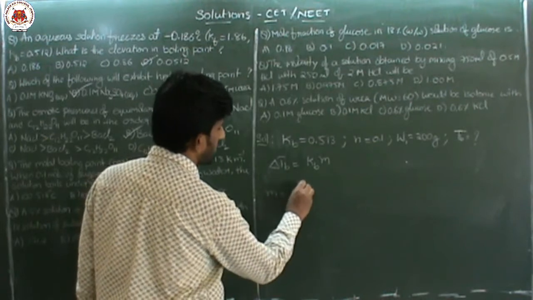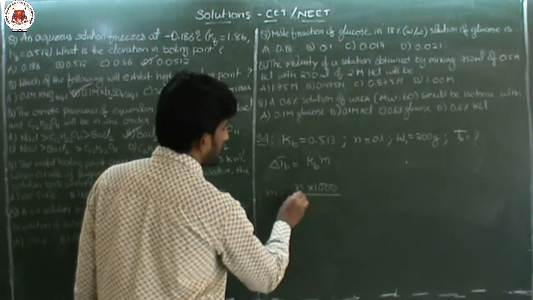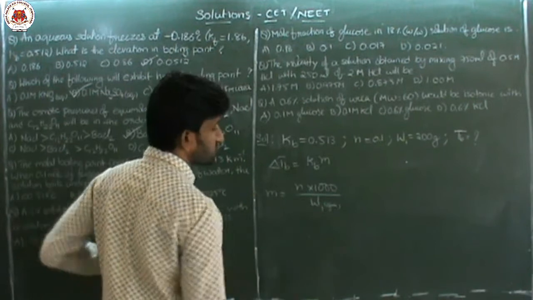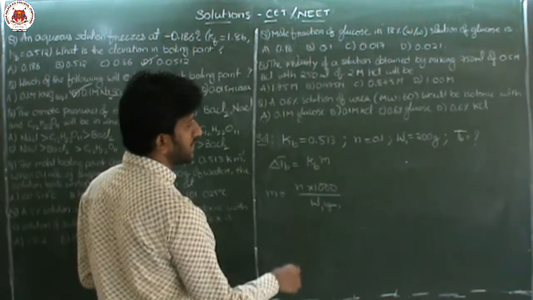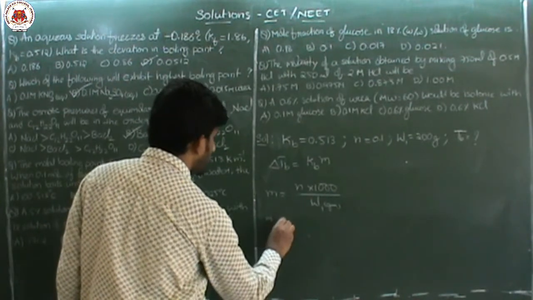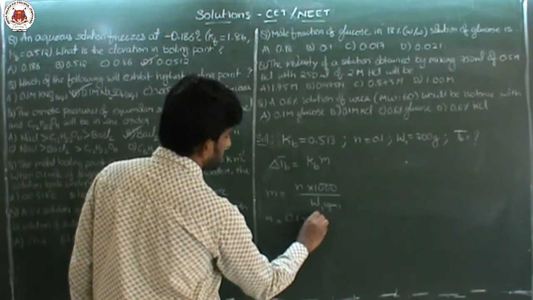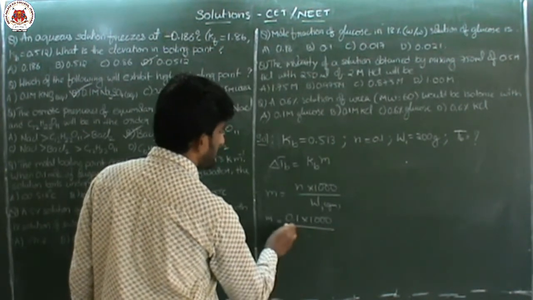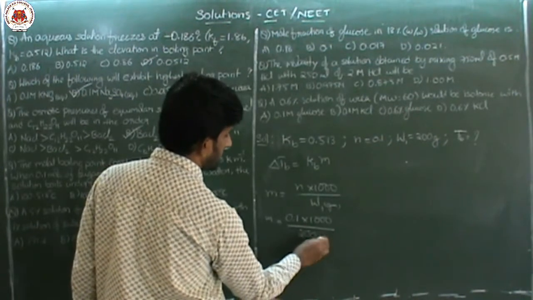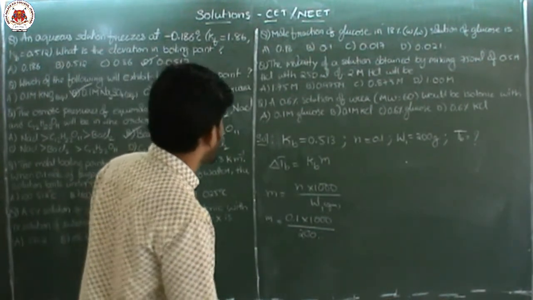Molarity is equal to number of moles into 1000 by weight of the solvent in grams. So first calculate the molarity, then you will calculate the Tb. So molarity is equal to number of moles, 0.1, into 1000, divided by weight, given 200.